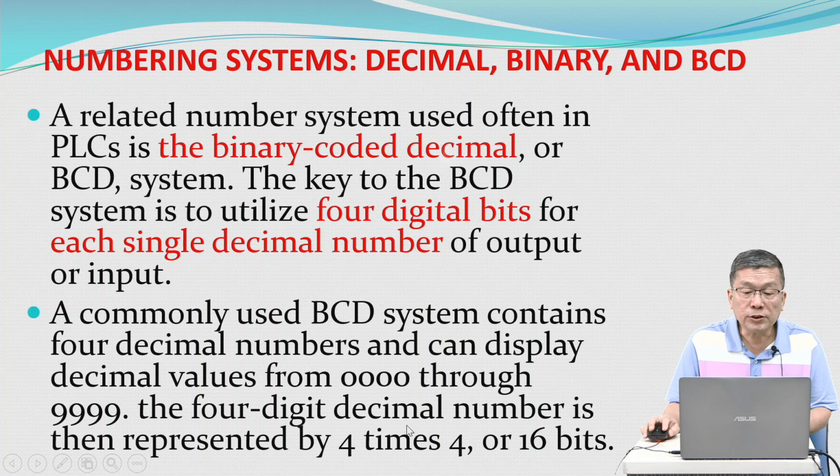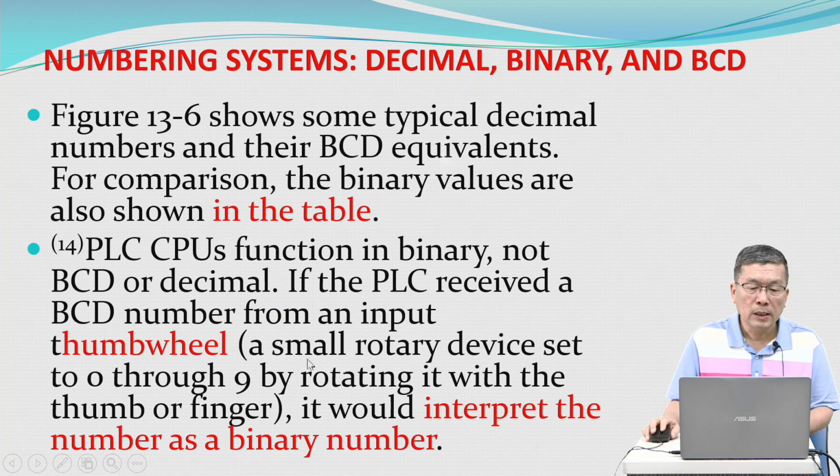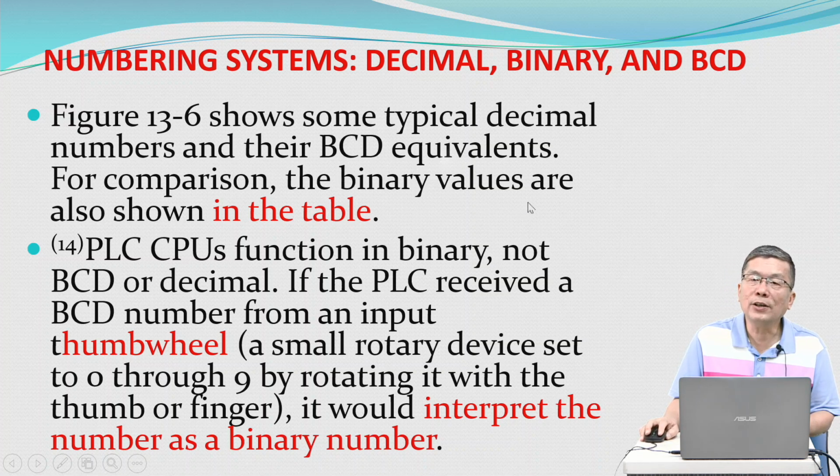The 4-digit decimal number is then represented by 4 times 4, or 16 bits. Figure 13.6 shows some typical decimal numbers and their BCD equivalents. For comparison, the binary values are also shown in the table.